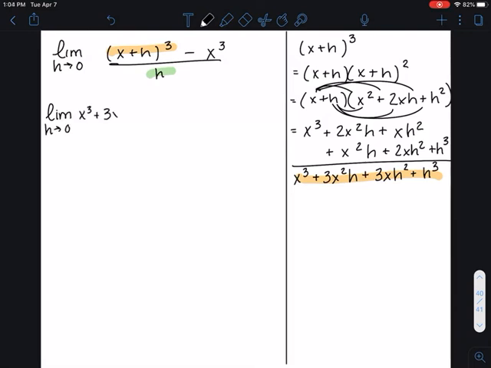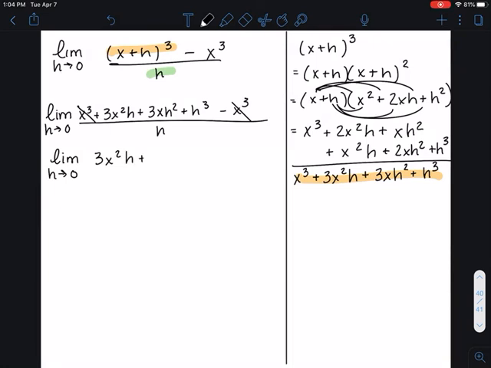I'm going to replace that into my formula. So the limit as h goes to 0 is now this, and I'm going to have my minus x cubed from the top, and then all over h. Notice how my x cubed will cancel. So now I have 3x squared h plus 3xh squared plus h cubed over h.